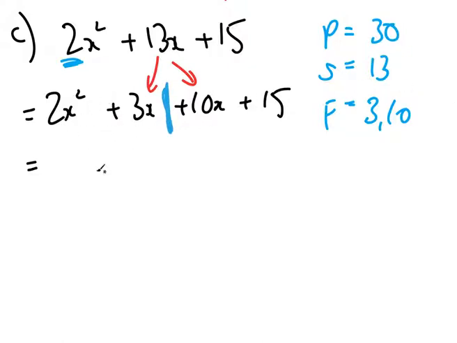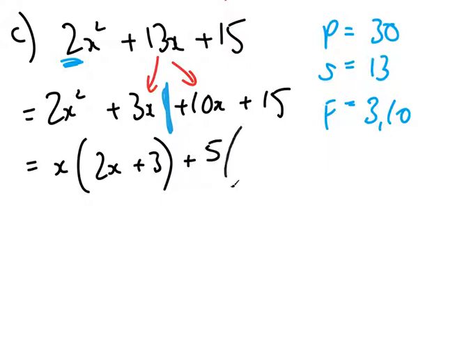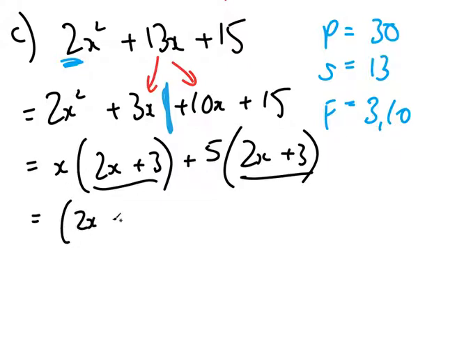My first pair here has a common factor of x, so I then get 2x plus 3. And my second pair here, sorry, common factor of 5. So 5 outside of 2x plus 3. Now again, 2x plus 3, 2x plus 3. I feel like I've done this to death, guys. So this is 2x plus 3, and then x plus 5.